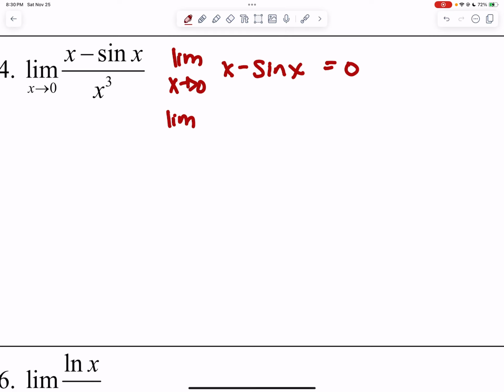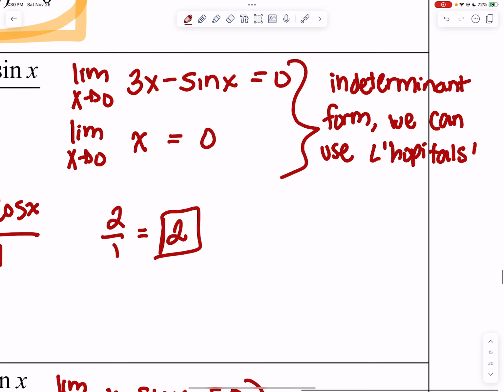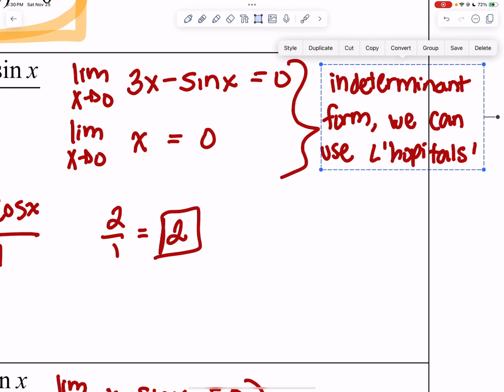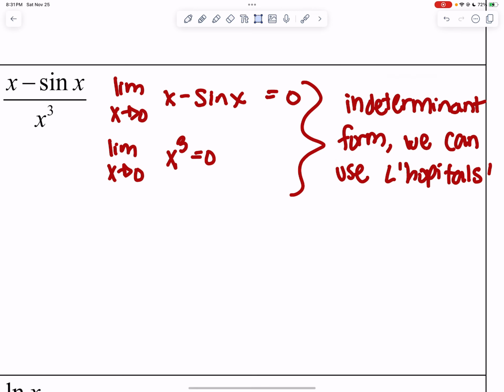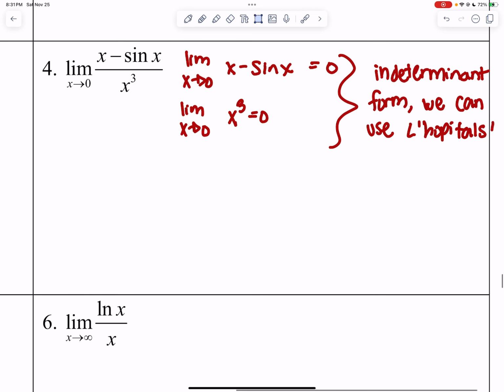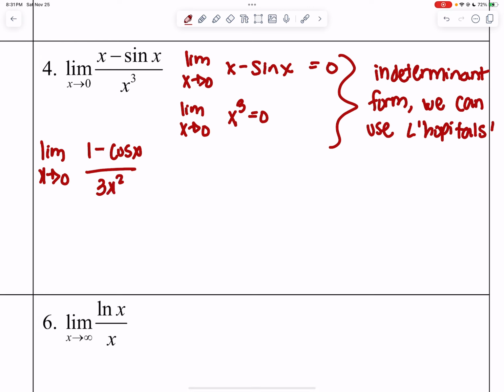And then we have x cubed, which is just going to be 0. Since we have 0 over 0, we could use, once again, L'Hopital's. So I'm going to take the derivative, and that's going to be 1 minus cosine of x over 3x squared.